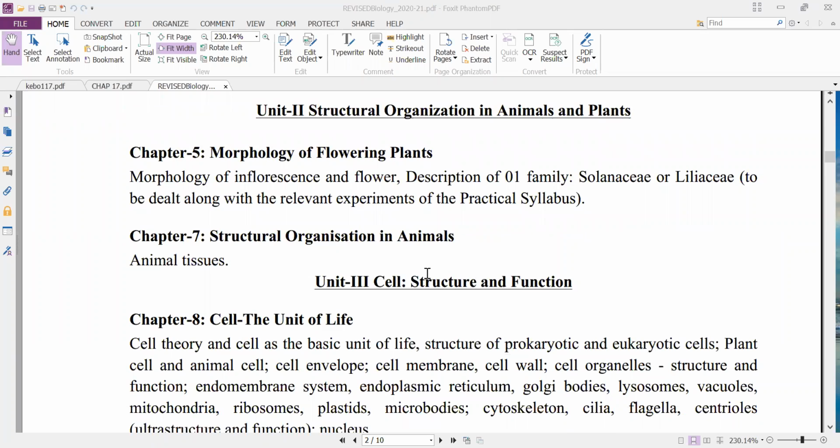And next, chapter 6, that is anatomy of flowering plants, is not there in the syllabus. And next, chapter 7, that is structural organization in animals.